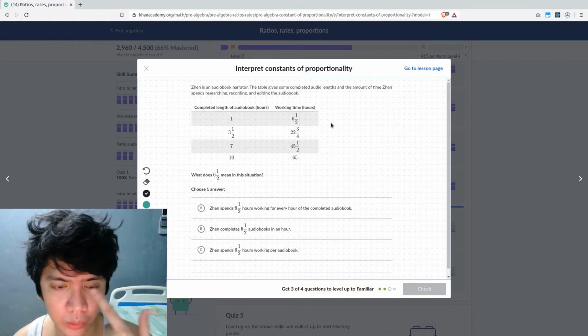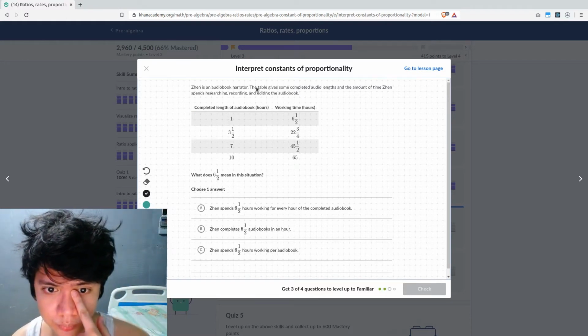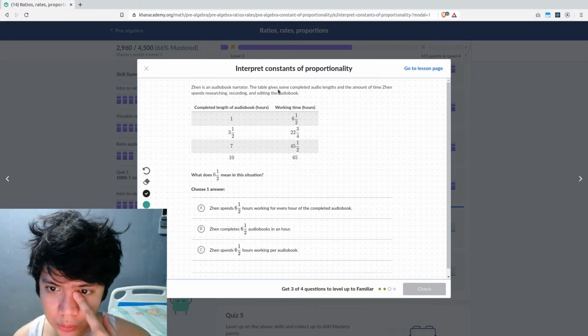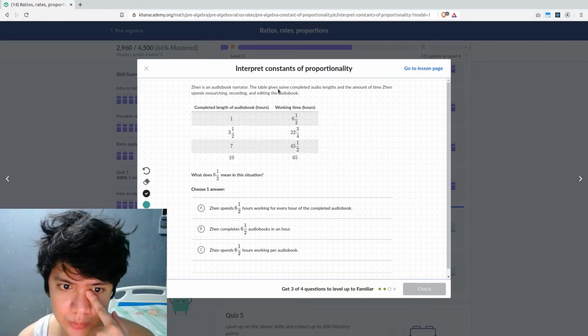Zen is an audiobook narrator. The table gives some completed audio lengths and the amount of time Zen spends.